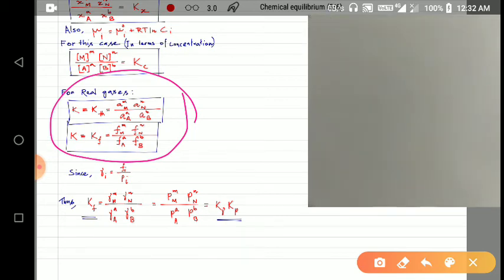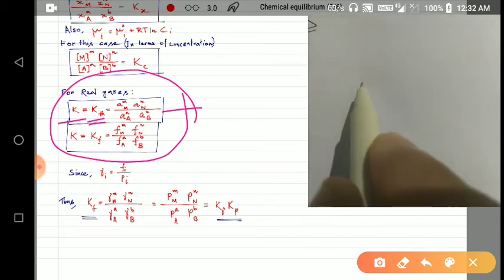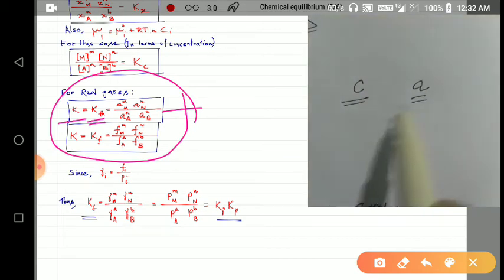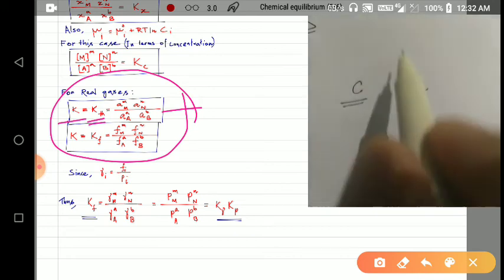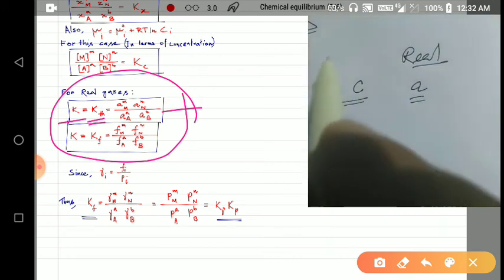For real gases, the equilibrium constant, also known as the thermodynamic equilibrium constant, is expressed using activity, a_M to the power m, a_N to the power n, where a represents activity. In place of the concentration, for real cases, we have to use activity. This is for real, and this is for ideal.